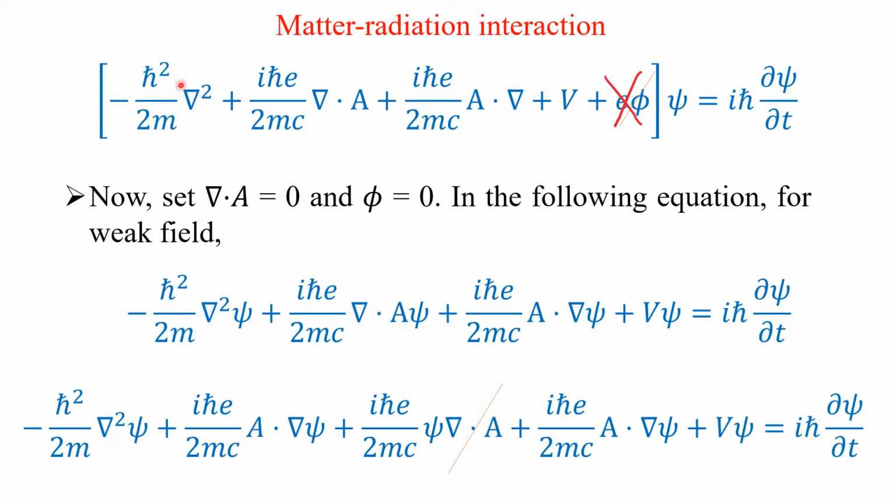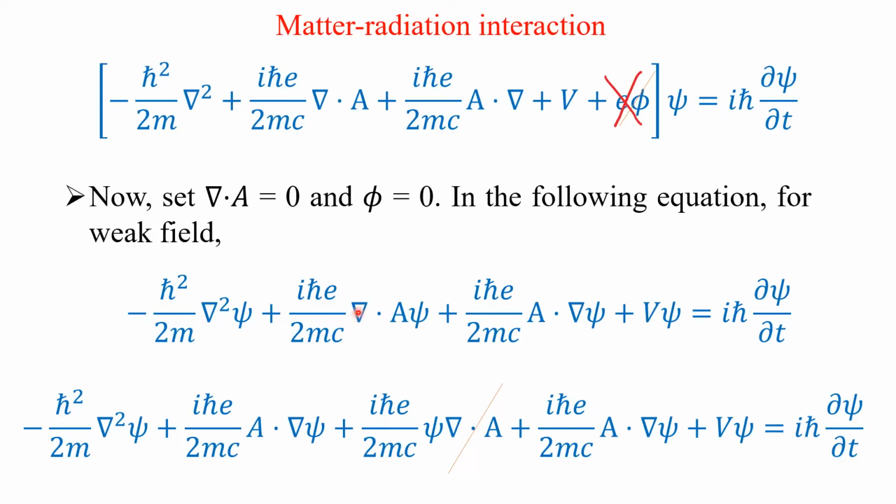You bring this ψ inside the bracket. The first term will become ∇²ψ, the second term will become the divergence of (Aψ), the third term A dot ∇ψ, and the fourth term Vψ as it is. Now you expand the second term.